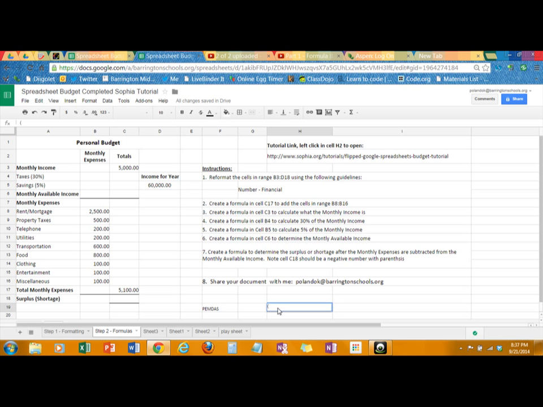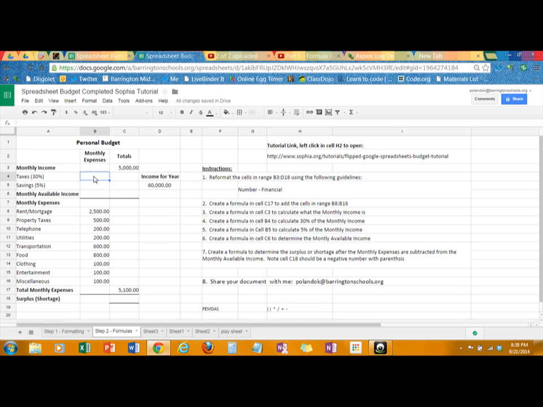Parentheses is right above the 9 and the 0, with shift. Multiplication is a little asterisk above the 8. Division is our forward slash where the question mark is. Addition is right next to your backspace, and so is subtraction. So that's the please excuse my dear Aunt Sally. Just keep that in mind.